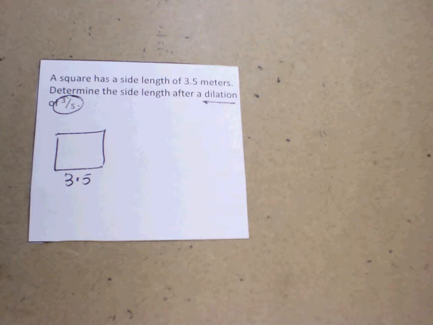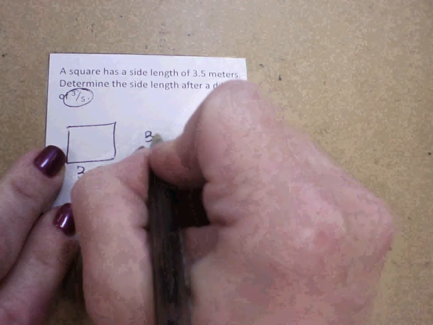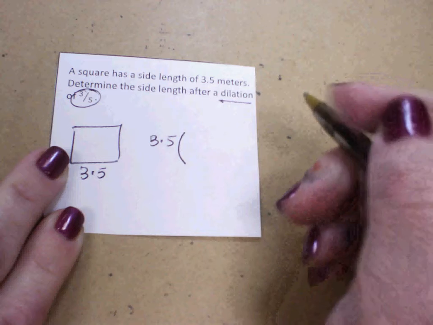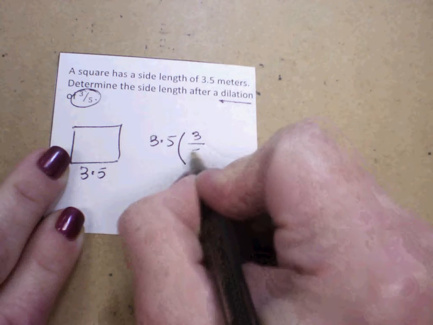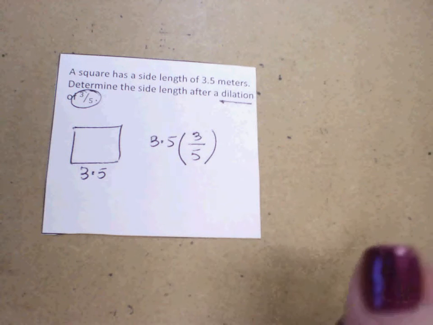Multiply it. Very good. You always multiply it when you're doing dilations or scale factors. All right, so what do I multiply that by? Times what?